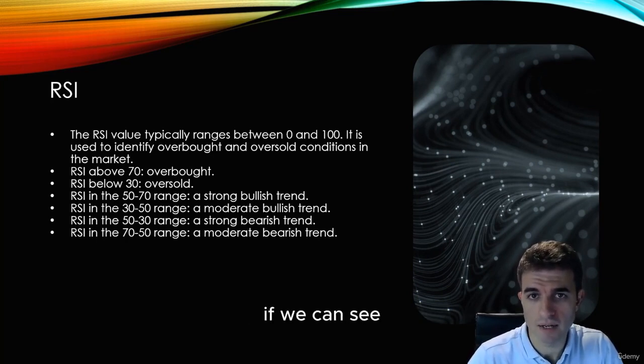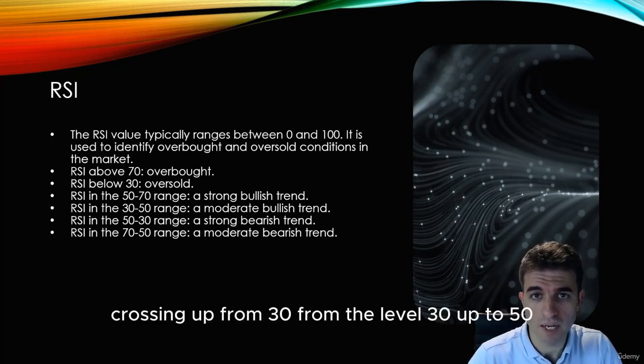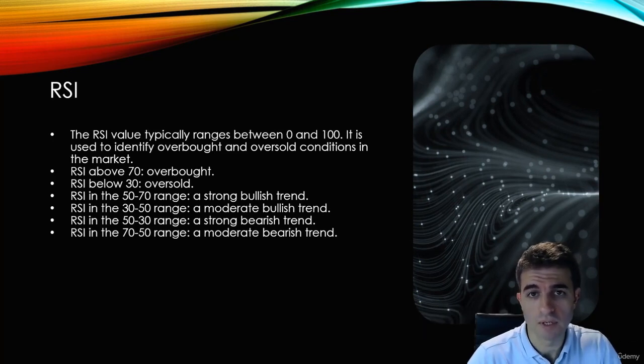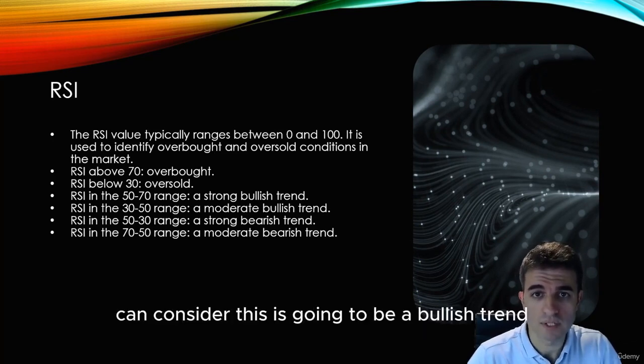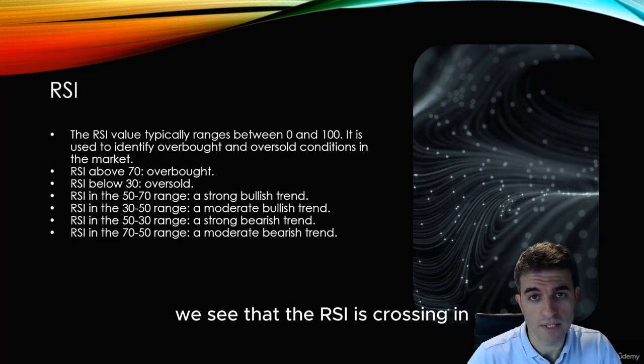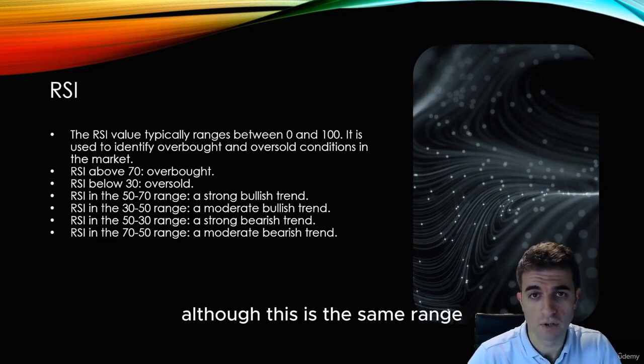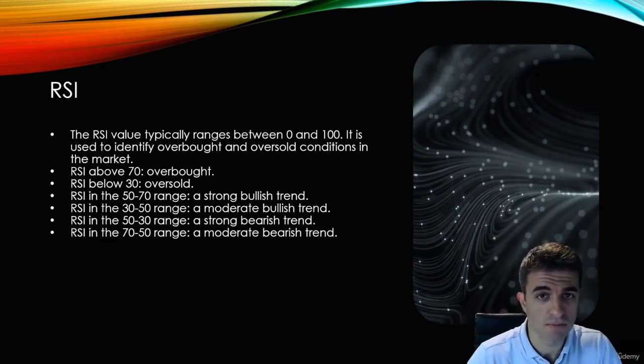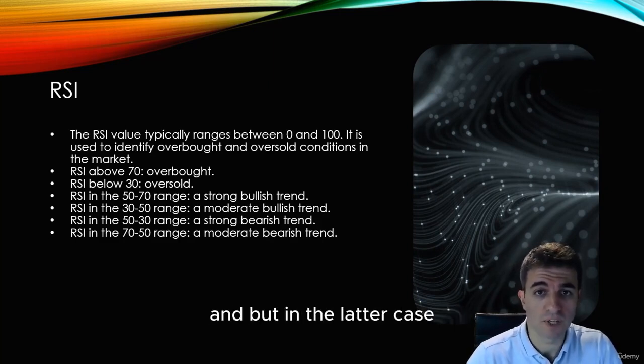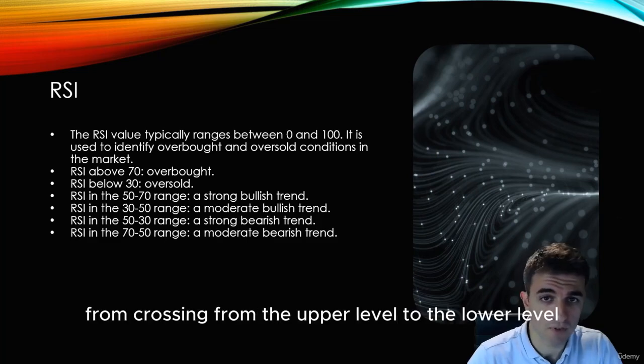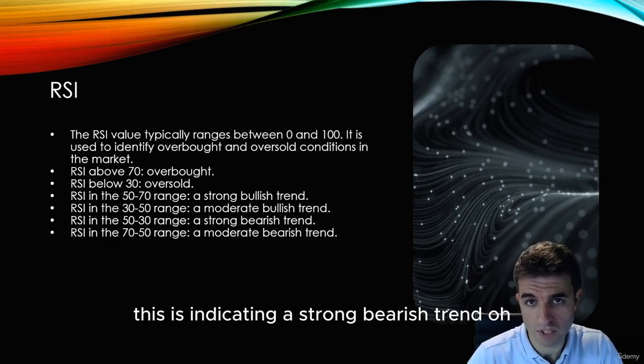If we can see, for example, the RSI crossing up from the level 30 up to 50 steadily, then we can consider this is going to be a bullish trend. If we see the RSI crossing in the opposite direction from the 50 to the 30 level, although this is the same range between 30 and 50, crossing from the upper level to the lower level is indicating a strong bearish trend.